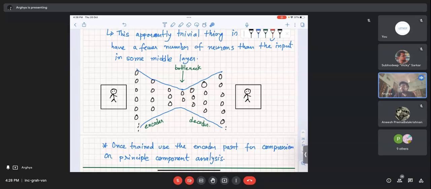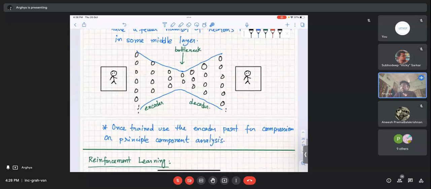Okay, so this part is called the encoder because it encodes all the information in this layer in this small space, and this part is called the decoder. Normally what you do is that once the training is done, you can cut this network open and use this part as encoder and this part as decoder. So if you want to send a secret message or something, you can write an autoencoder to reproduce your messages.